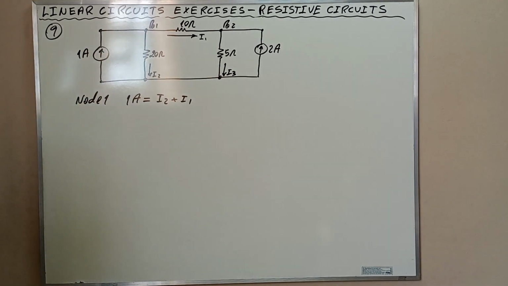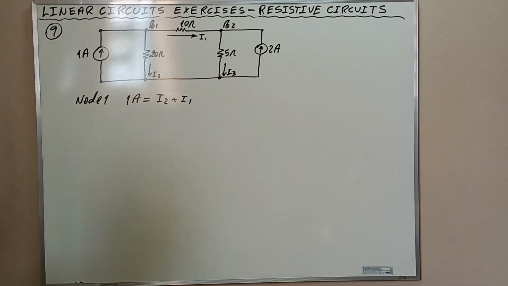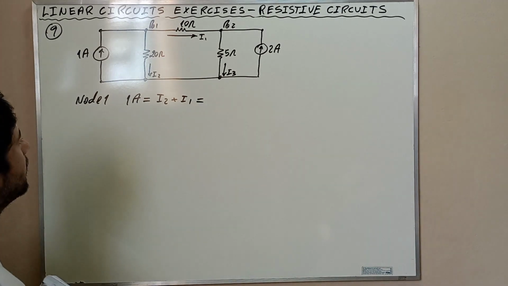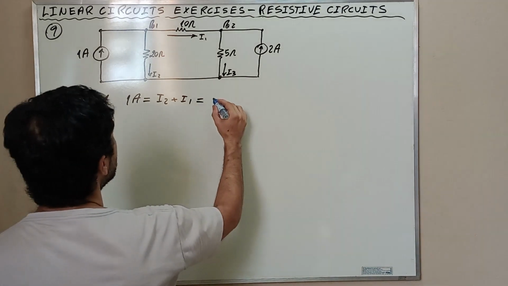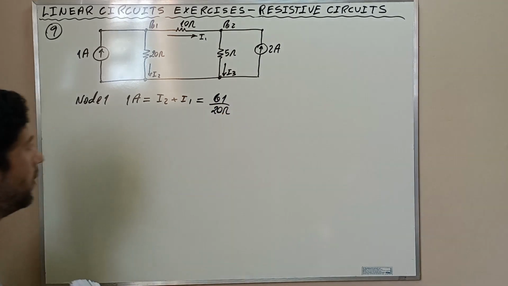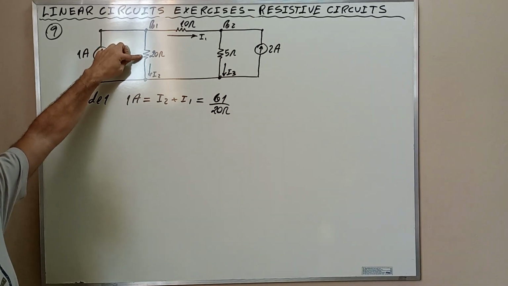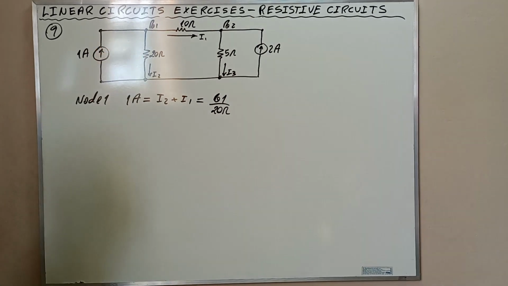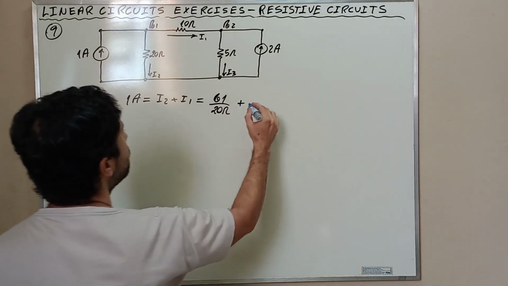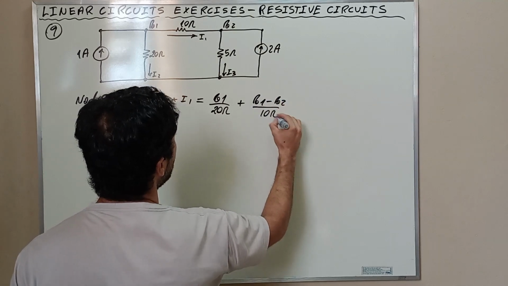Okay? We are going to write this expression in terms of voltage drops and resistances. Then I2 becomes V1 divided by 20 ohms, okay? Isn't it? I2 is the division between the voltage and the resistance of this resistor here. And how about I1? I1 is going to be equal to V1 minus V2 divided by 10 ohms.